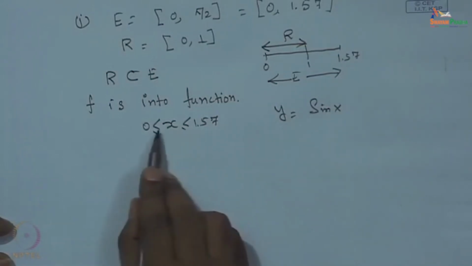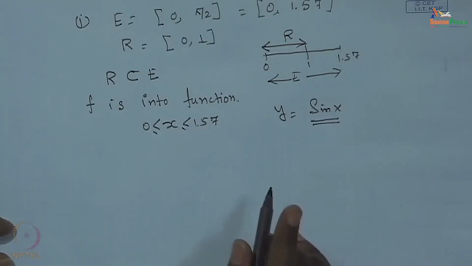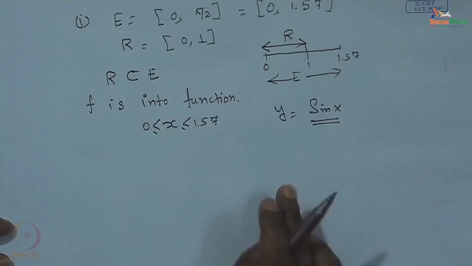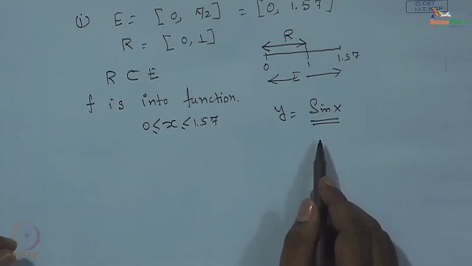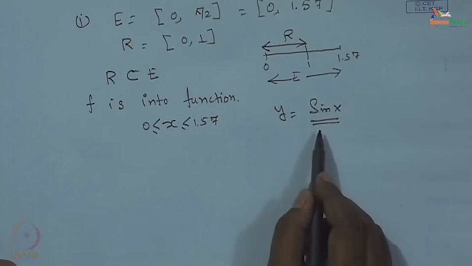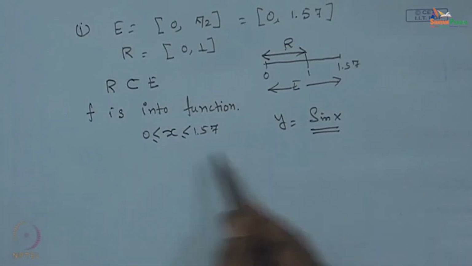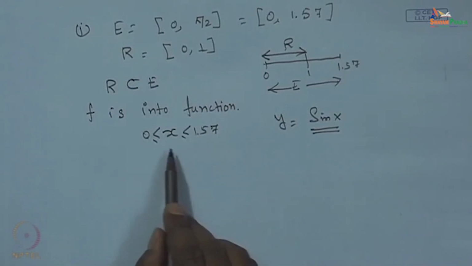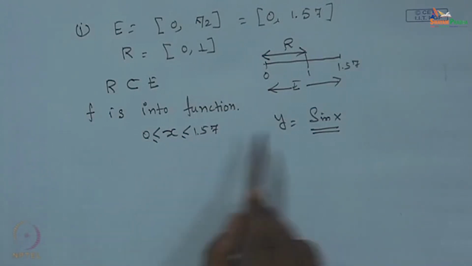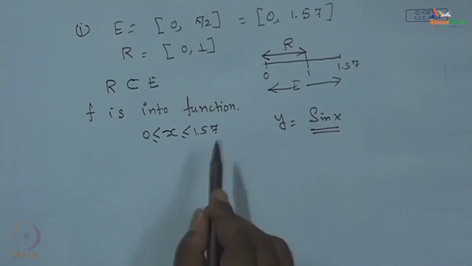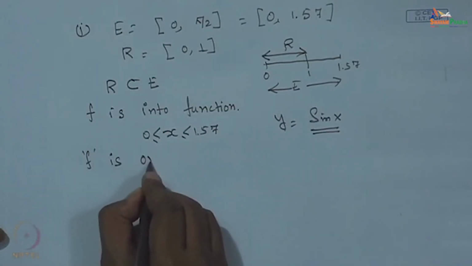For every value in this domain, sin x will have a unique value; it will not be periodic, meaning it will not assume the same value after a particular value of x. That is not the case in this problem, because the domain of x is not more than pi, 3.14; it is from 0 to 1.57. So within this range, for every value of x there exists a unique value of y. That is why the function f is a one-to-one function.